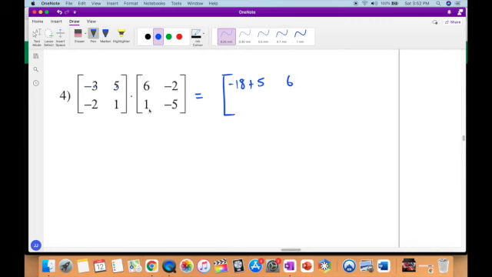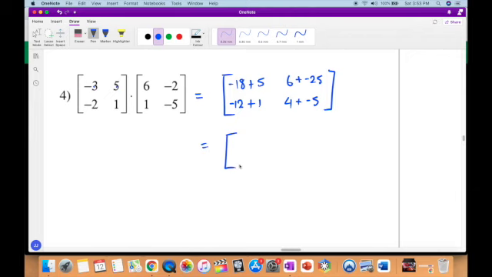And 5 times 5 is negative 25 plus negative 25. For the underneath row now, negative 2 times 6 is negative 12, and 1 times 1 is 1. And here negative 2 times negative 2 is positive 4, and 1 times negative 5 is minus 5.